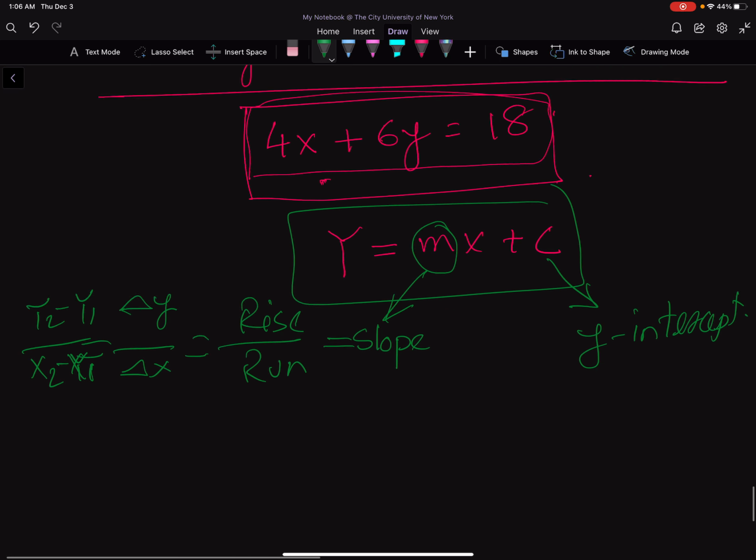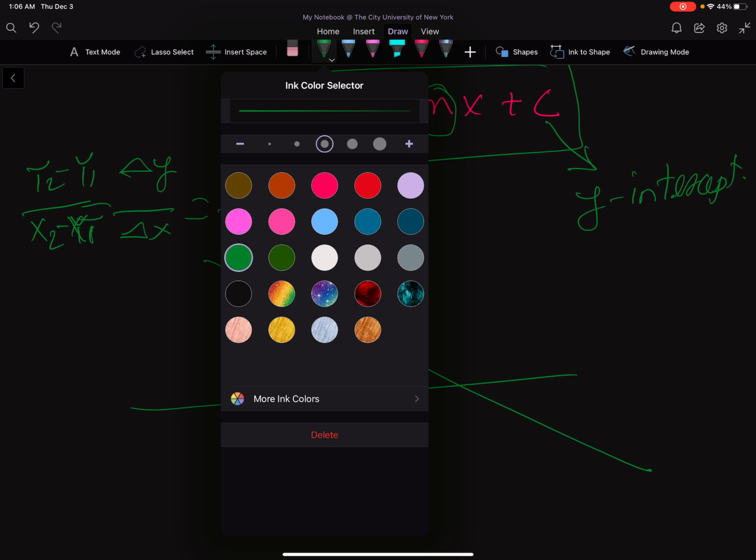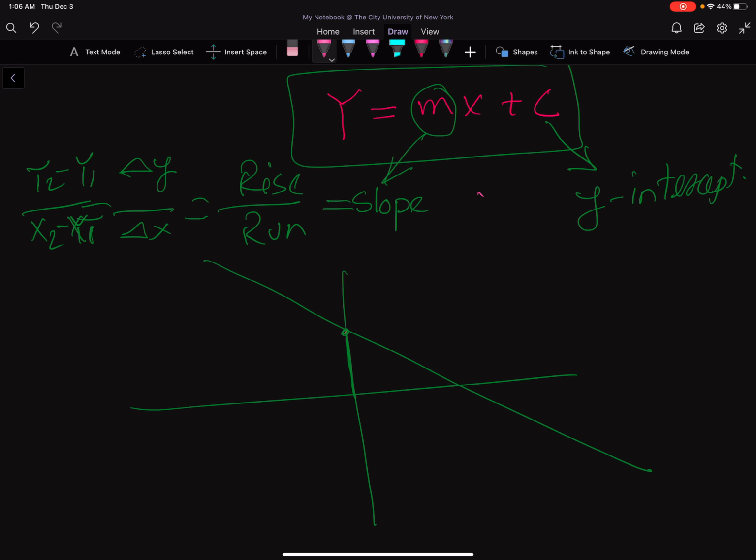Once the y-intercept comes into the concept, let me show you on a rectangular xy plane. If we draw a line, then this part basically represents the y-intercept. So the y value over here is this one.